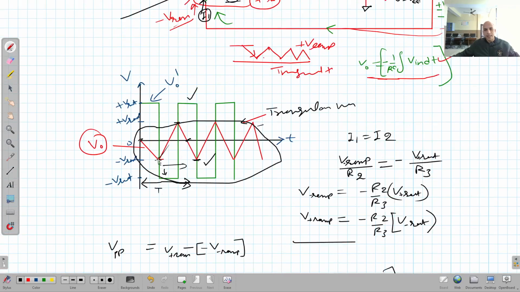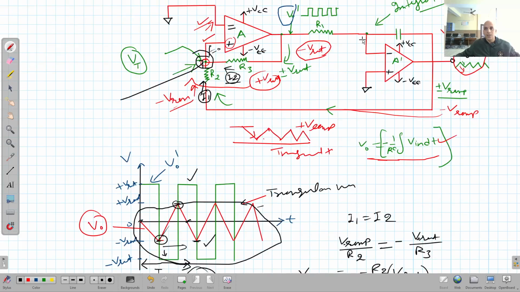The net time taken by this triangular wave going from minus V ramp to plus V ramp, you can see from here, is, if I consider this entire time as the time period, obviously T by 2. And during this time the output was in negative saturation, so the input of the integrator was minus V saturation.